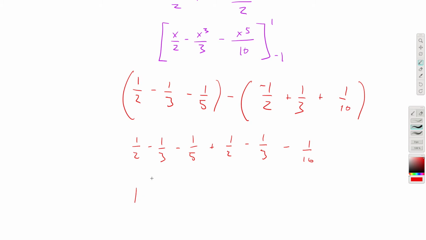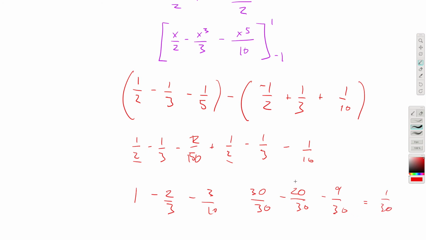So you're going to get 1 from a half plus a half. Then you get minus 2/3. And then this is the same as 2 on 10, so you get minus 3 on 10. So you're going to get 30 on 30 minus 20 on 30 minus 9 on 30, which equals, that's 10, one on 30.